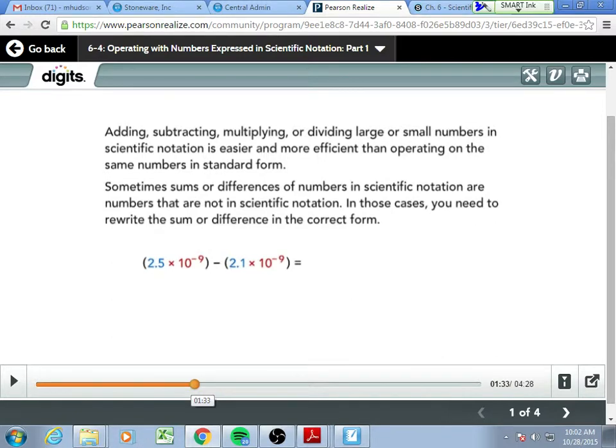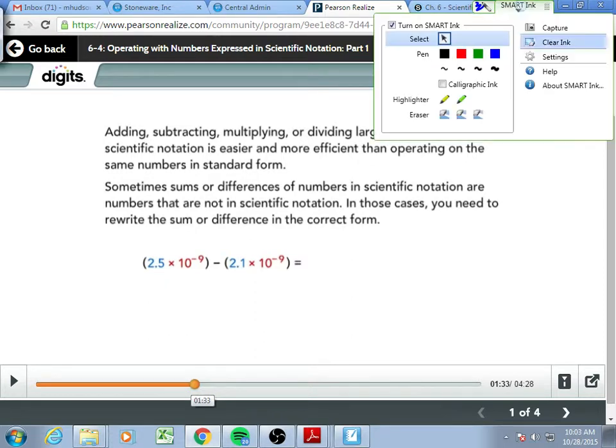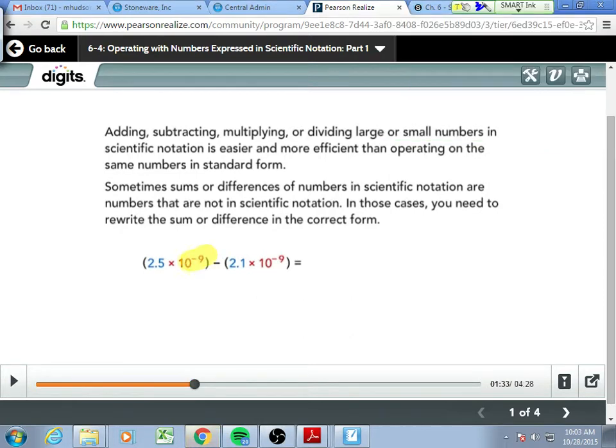Oh wait, this is multiplication. So you would add two, right? Baylor, do you know now? I think you would still have to do the exponents because if you just subtract 2.5 minus 2.1, that's not your answer, because you still have to give the exponents.